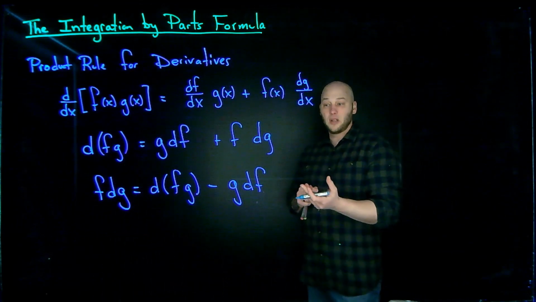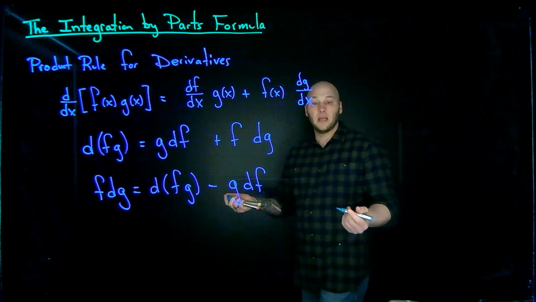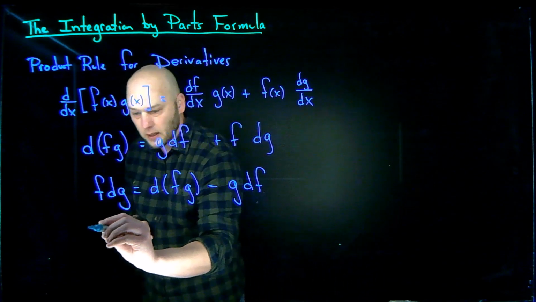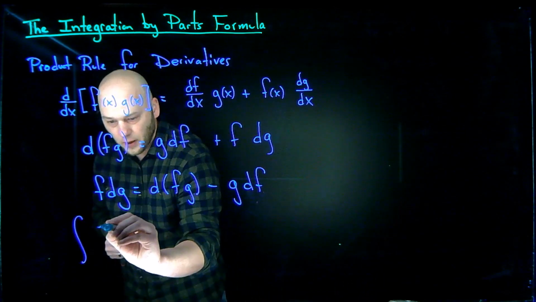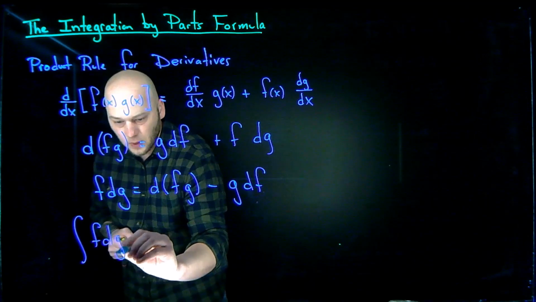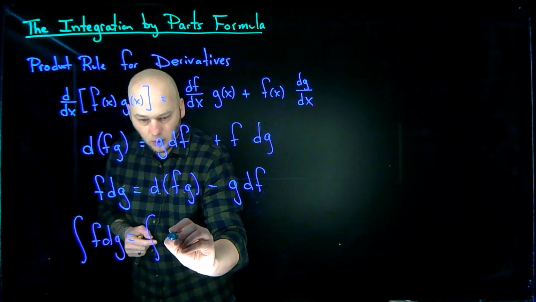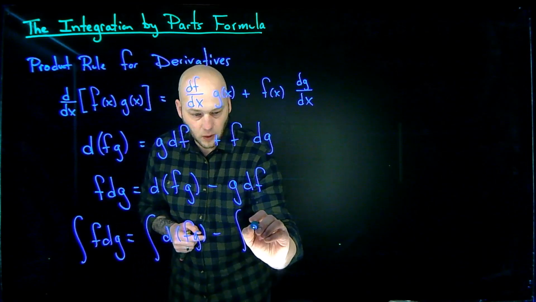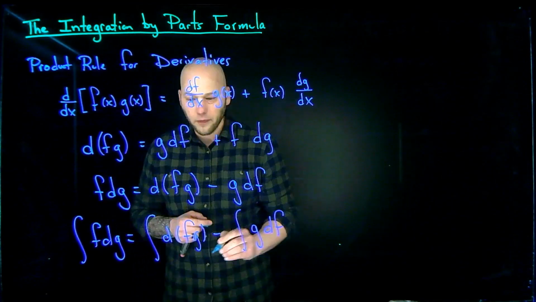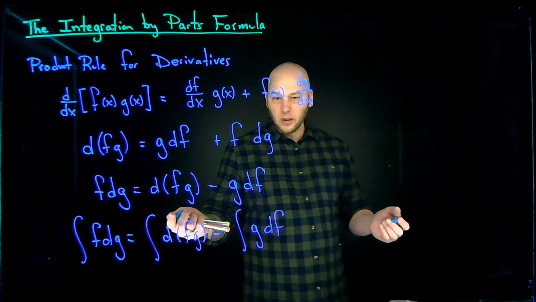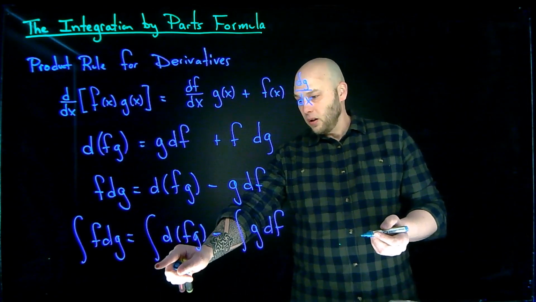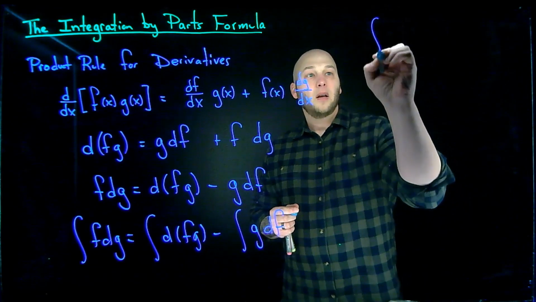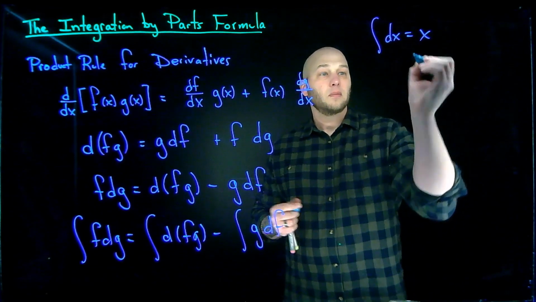Now, these are all differentials, and that means we can integrate both sides. So if I integrate this side, the integral of f dg would be equal to the integral of d(fg) minus the integral of g df. The only thing I can really do here is that the integral of dx is x.